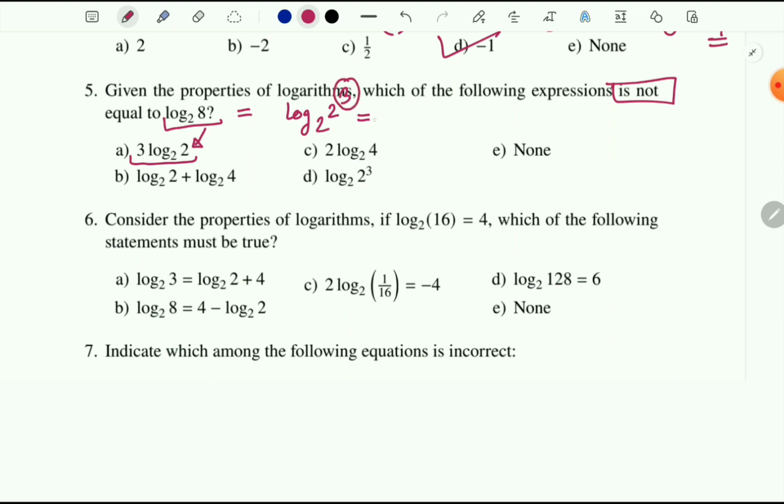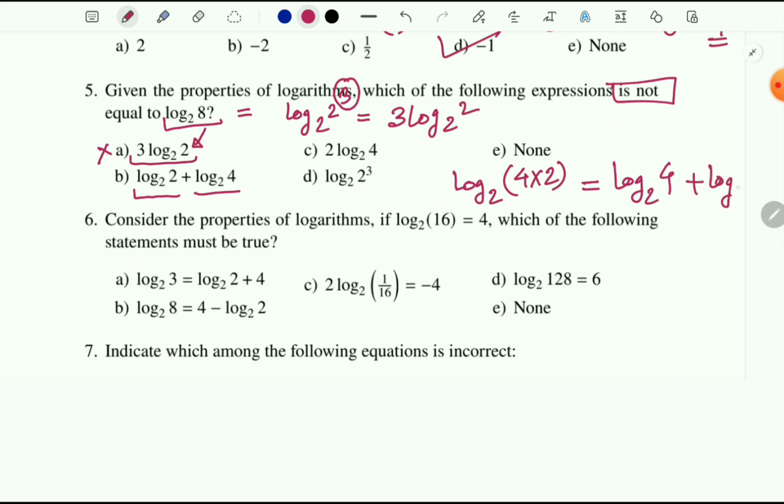That means this is not the answer. How about this one, B? Let's check. Log 2 of 8 we can write as 4 into 2. Therefore we can use another formula of logarithm by which we can simplify this to log 2 of 4 plus log 2 of 2. So this is also equal to log 2 of 8, therefore this is not our correct answer.